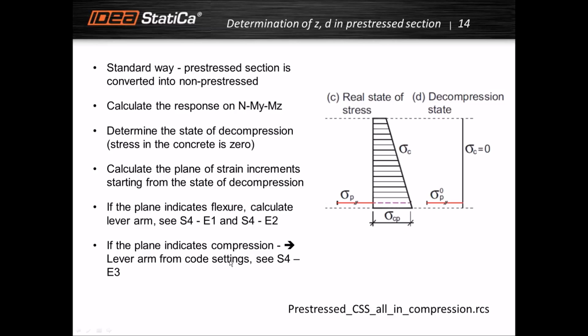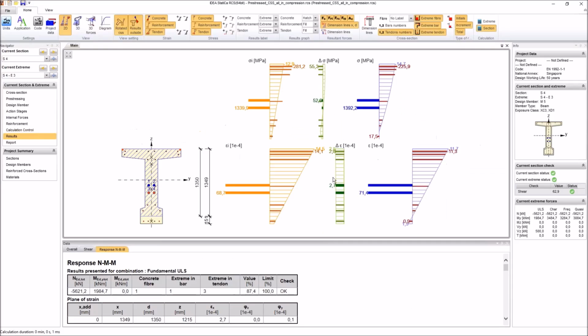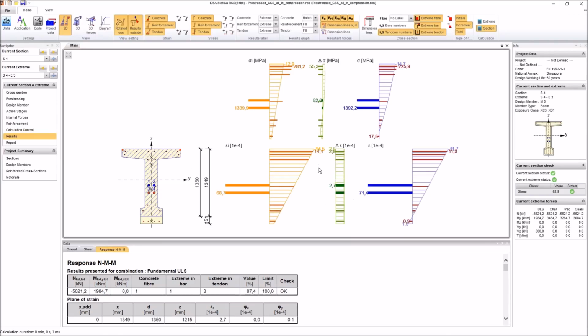We should probably note that the plane of strain increments shown here in RCS is not exactly the plane of strain increments starting from the state of decompression. We have this plane starting from the initial state, which I explained last time, but they do not differ too much.